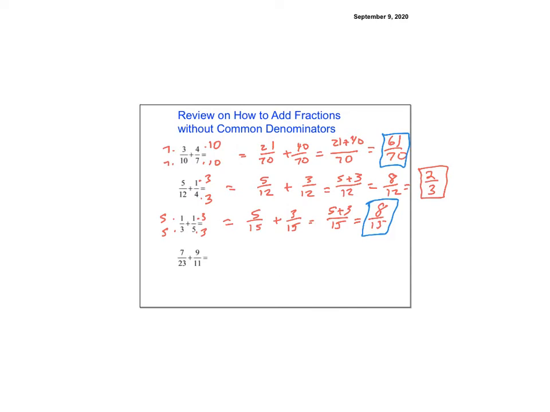The common denominator in our next one would be 23 times 11. That means you're going to have to multiply the first fraction by 11, and the second fraction by 23. If we take 23 times 11, we get 253.